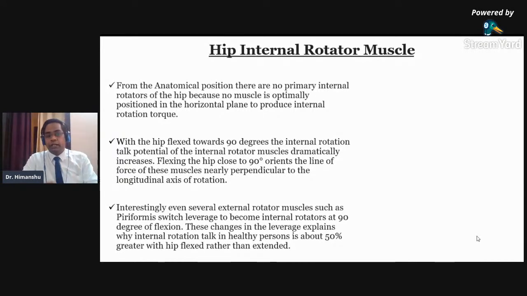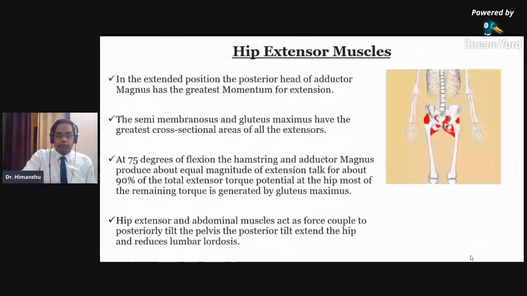Flexing the hip close to 90 degrees orients the line of force of these muscles nearly perpendicular to the longitudinal axis of rotation. So whenever the axis of rotation is longitudinal, or whenever we flex our hip close to 90 degrees, the other muscles change their action.